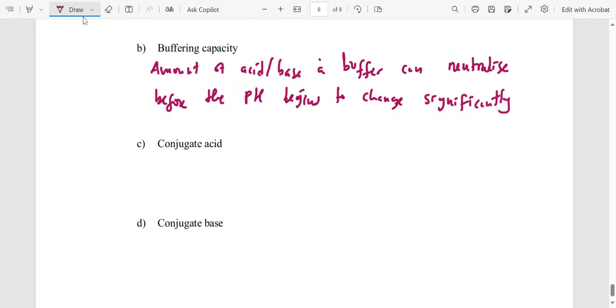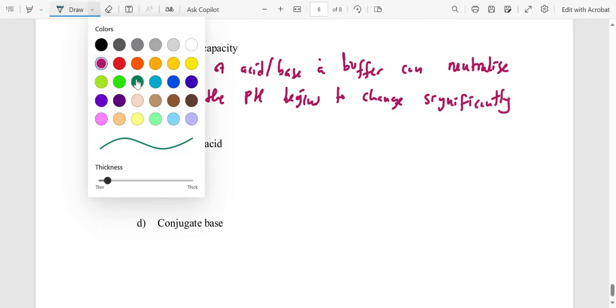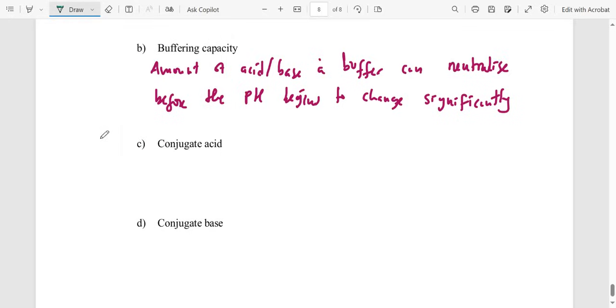And then a conjugate acid. What's a conjugate acid? A conjugate acid is a species that is formed when a base accepts a proton.